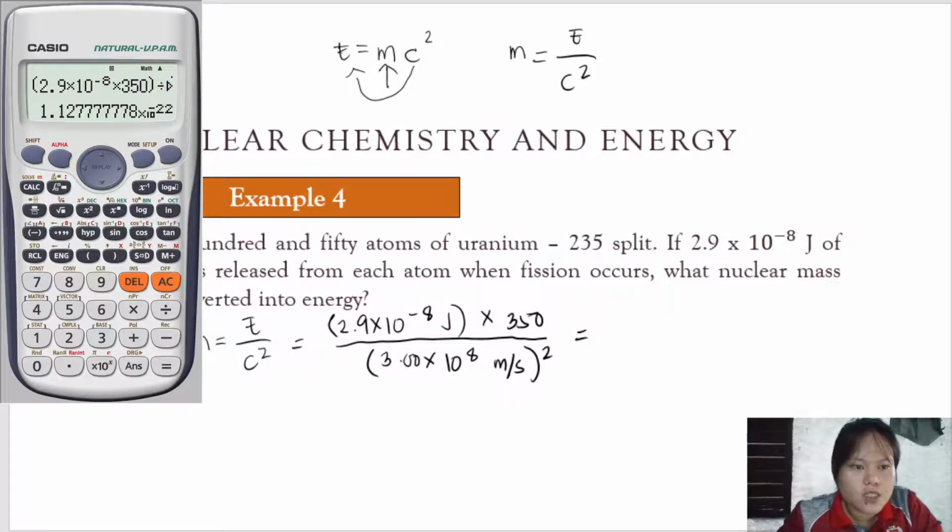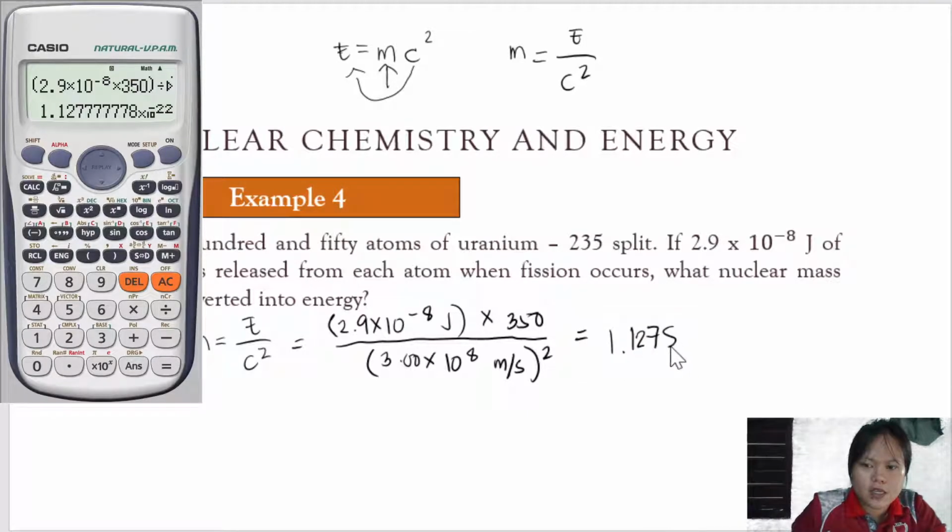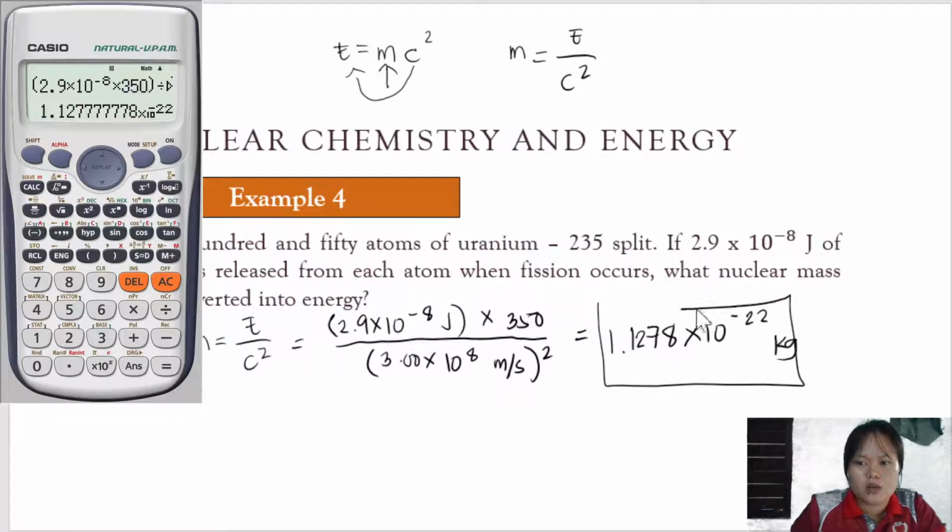So that would be equal to 1.1278, okay, times 10 raised to negative 22 na kilograms. Okay, so, again, this is our answer for this problem.